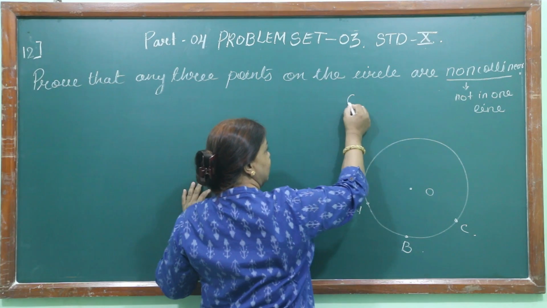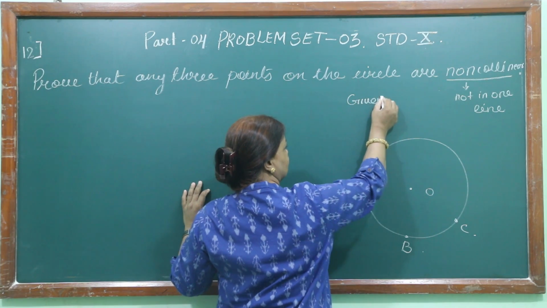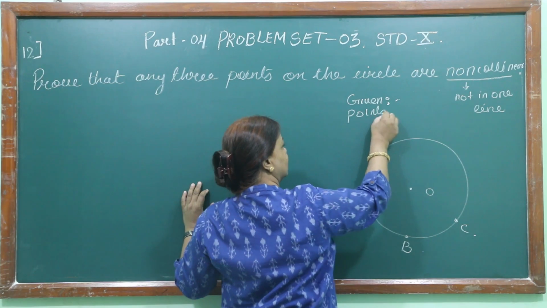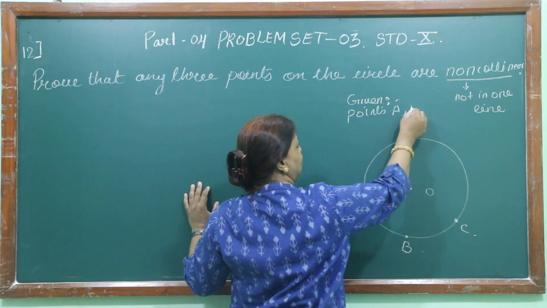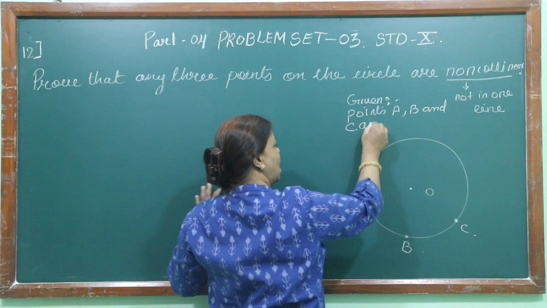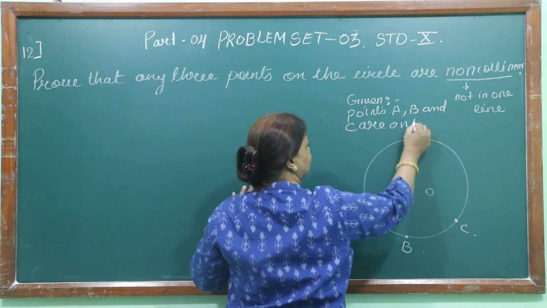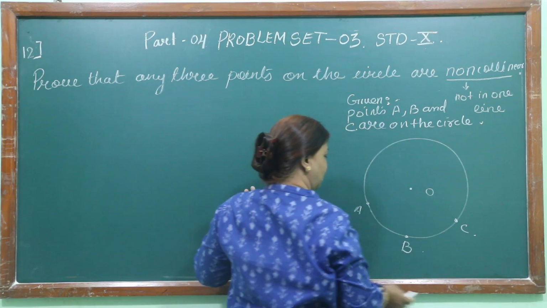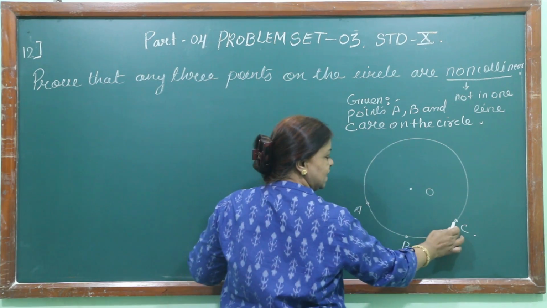So let us write given: points A, B and C are on the circle.